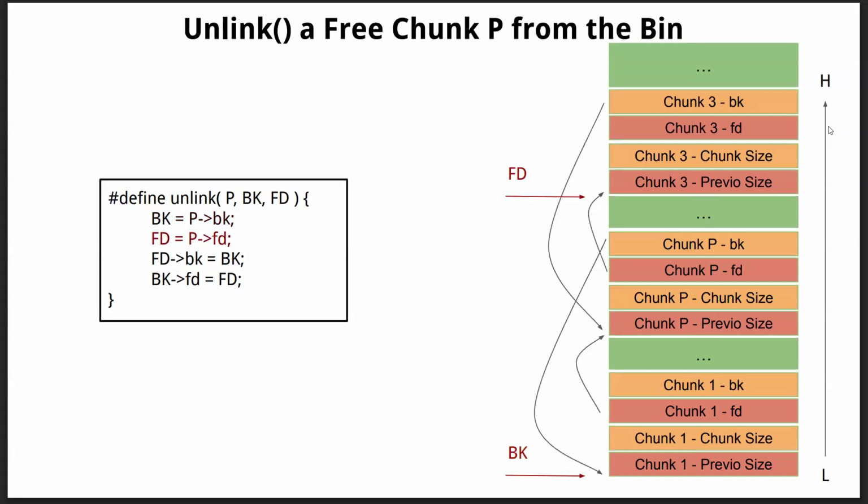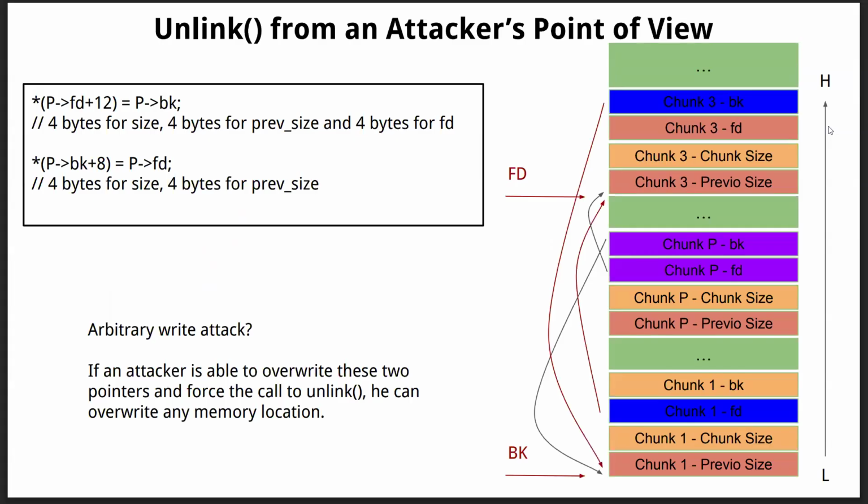Right? The problem of this is, from the attacker's point of view, you are giving us 2 opportunities to overwrite 4 bytes to a location we can control. Let's say we control this chunk. We control this chunk, then we can control what those 2 pointers are.